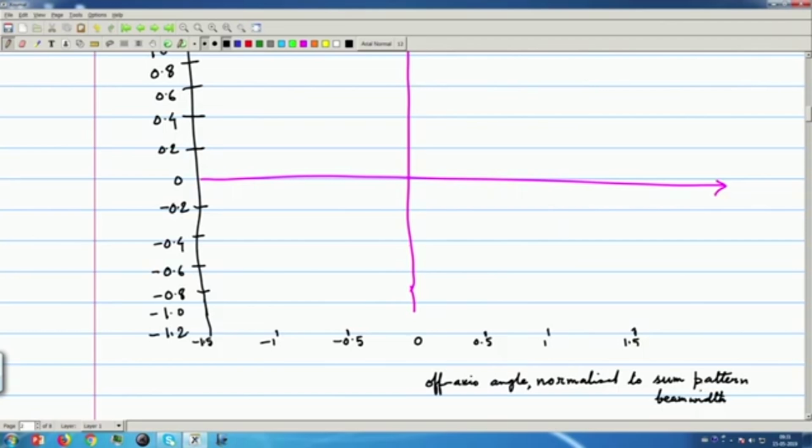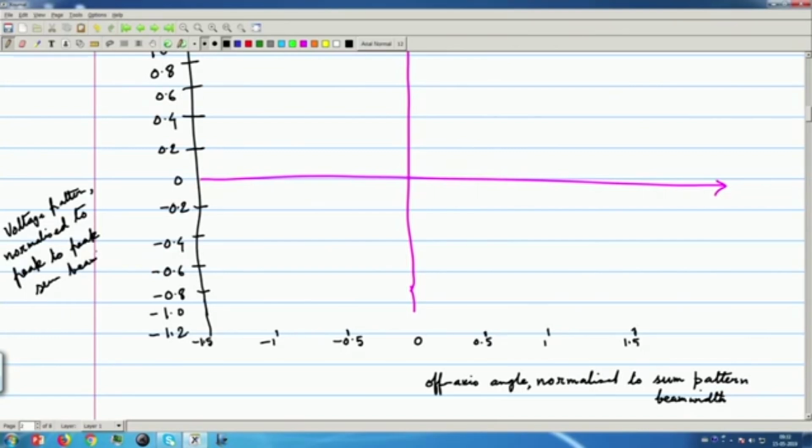Some normalization, and this side I am saying voltage pattern normalized to peak of some beam.